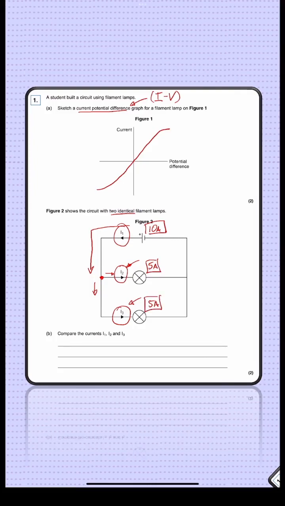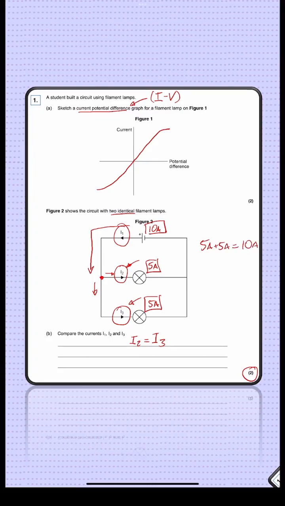Remember, this is a 2-mark question, so there are 2 points we need to say. The first one is I2 is equal to I3. And then, someone said it, to get I1, you sum up I2 and I3. Yeah, that's right, because 5 amps plus 5 amps is equal to 10 amps.